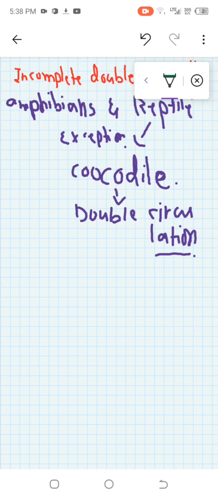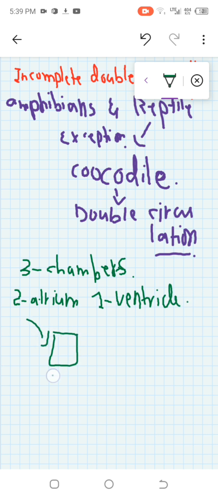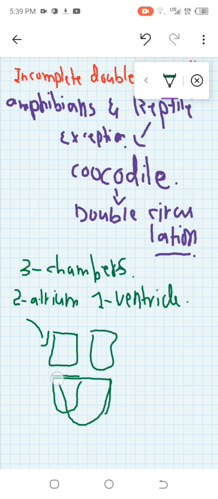Now let's see how incomplete double circulation takes place in these. They have three chambers, which include two atria and one ventricle. First the deoxygenated blood goes into the right atrium, then to the ventricle.